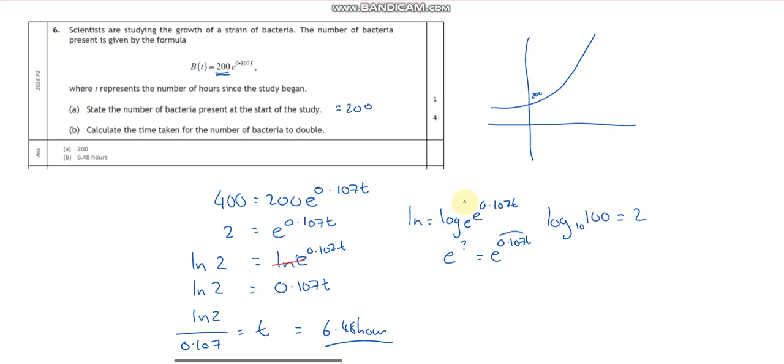Well, it's that, isn't it? So this is going to come out as log e of e to the 0.107t, which comes out as 0.107t, because e to the power of that equals this. So that's why it cancels out. You don't need to know that, but that's what we're doing.